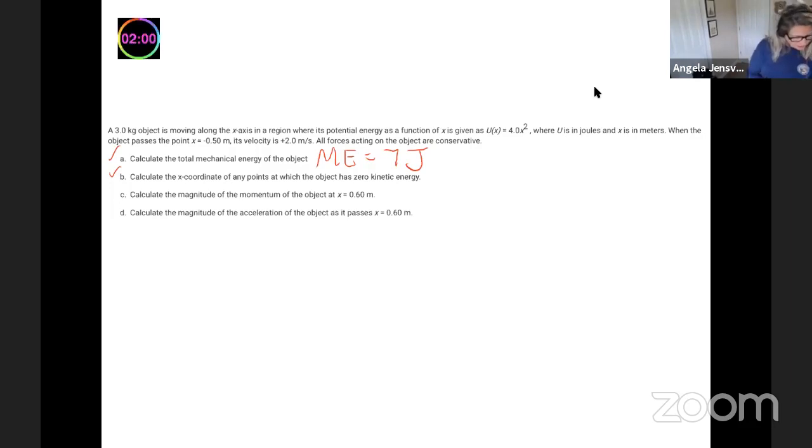If you remember, mechanical energy is kinetic plus potential, right? So 1/2 mv squared plus 4x squared. And you're investigating this situation at 0.6 meters. So you would say 7 is equal to 1/2 of 3 kilograms times v squared plus 4 times 0.6 meters squared.